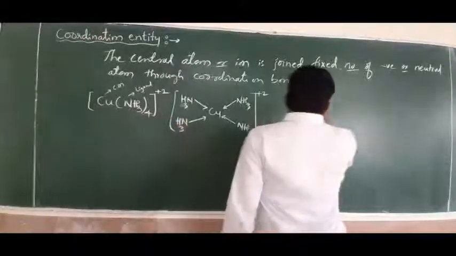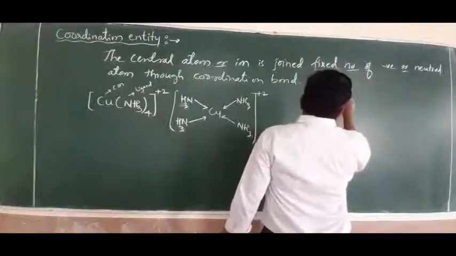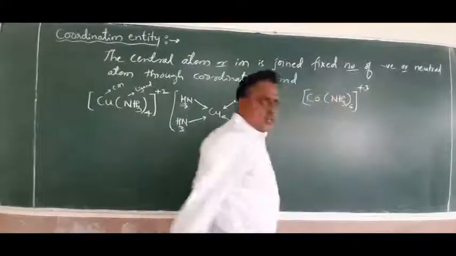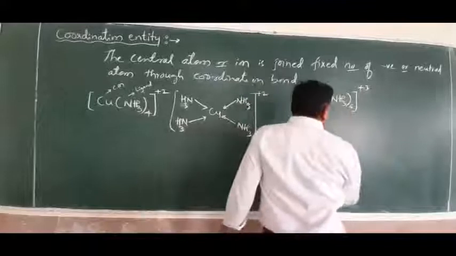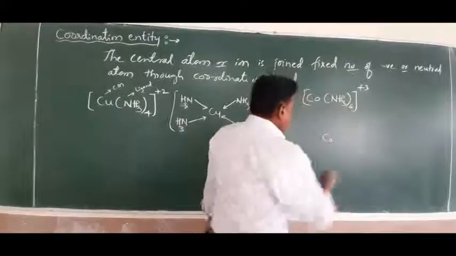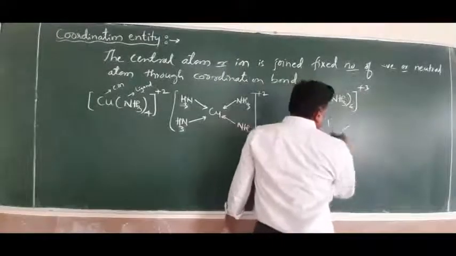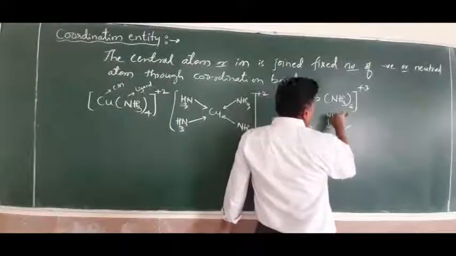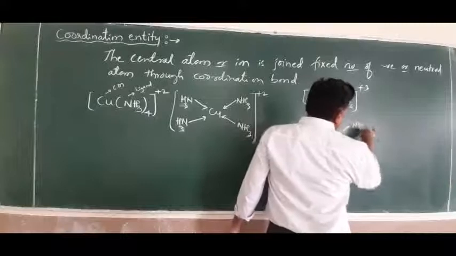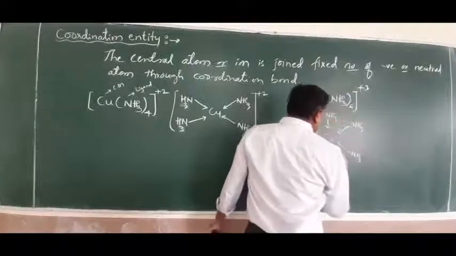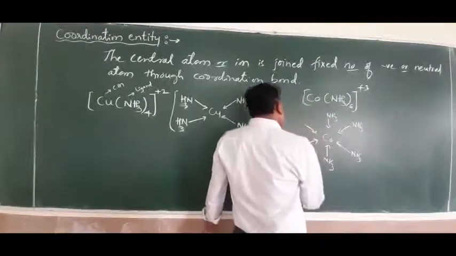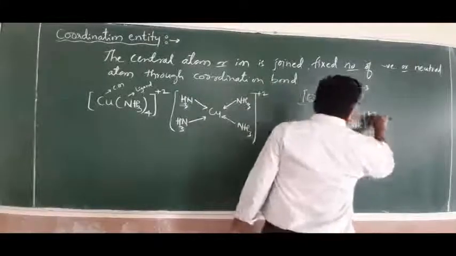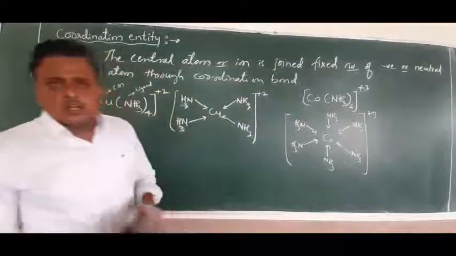If you want another example, this is Co(NH3)6 with a 3+ charge. The cobalt is combined with 6 ammonia ligands through coordinate bonds, surrounded by the cobalt atom. This is the cobalt coordination entity.